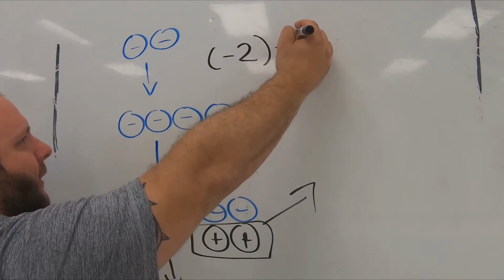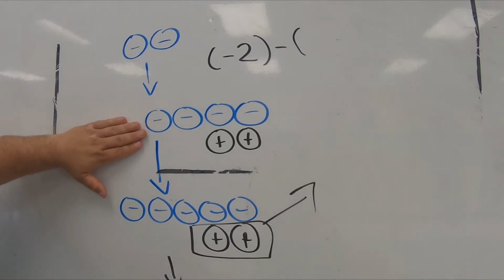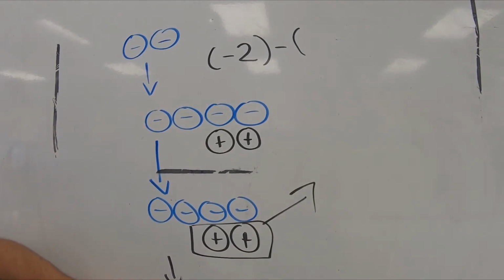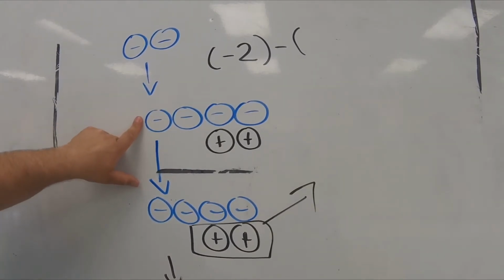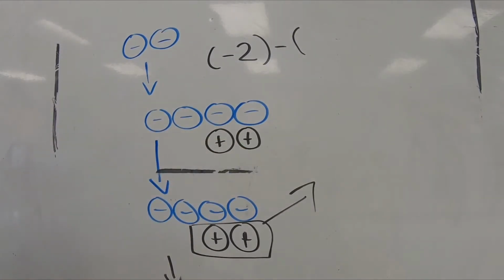And we know we're subtracting. Okay? Now we go to the next line here. Oh, my bad. There we go. Now, what happened here? Well, I have my original 2 negatives, but I added 2 zero pairs. The number is still -2 because I haven't done anything yet.